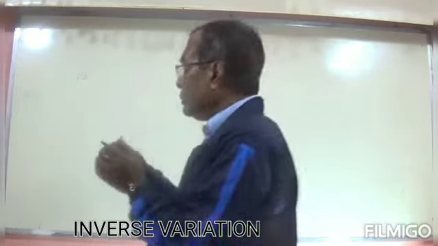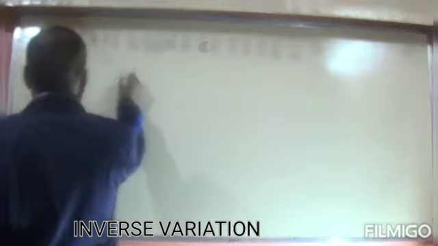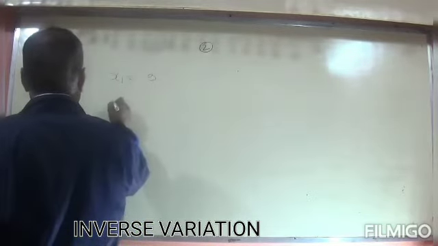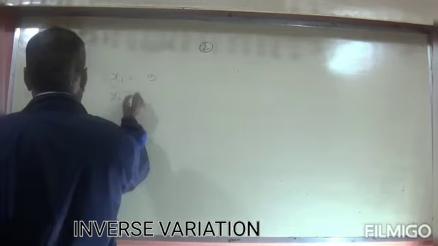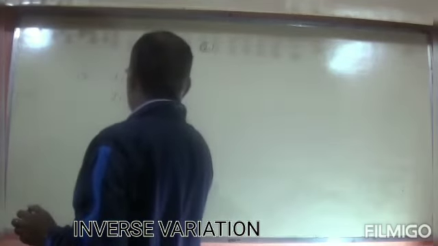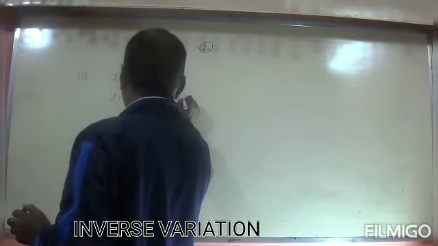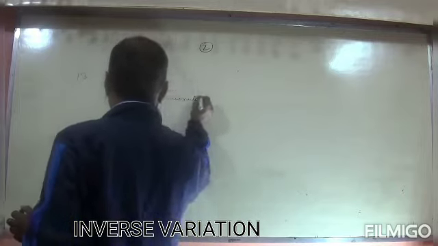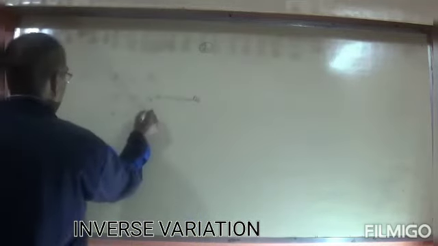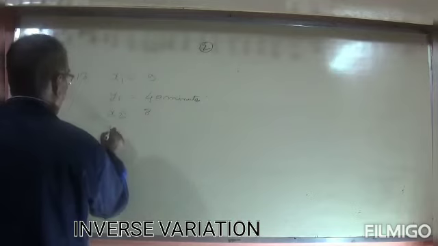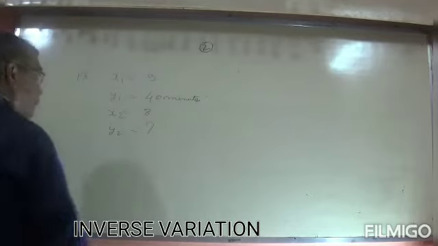So x1, the number of periods, was 9, and at that time each period's duration is 40 minutes. Now if the number of periods is 8, then what will be the time taken? We have to find that.